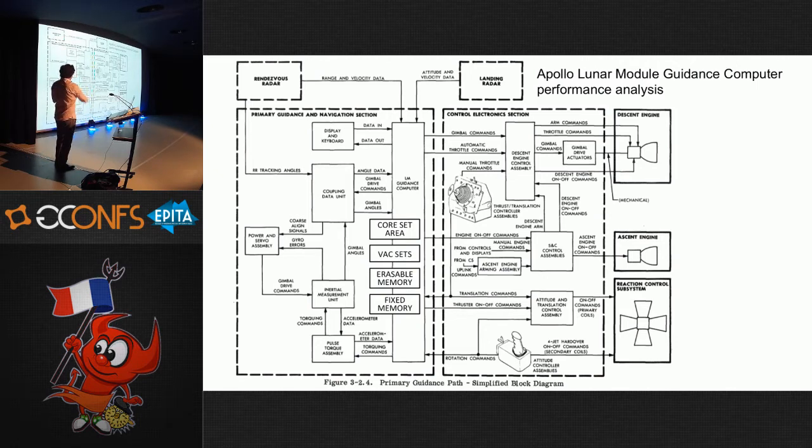Some boxes in the middle include the core set area, the VAC sets, erasable memory, fixed memory. The core set area was important. That's where the threads that aren't on CPU, their information will go and live in the core set area, and it would be able to hold several of these concurrent tasks.